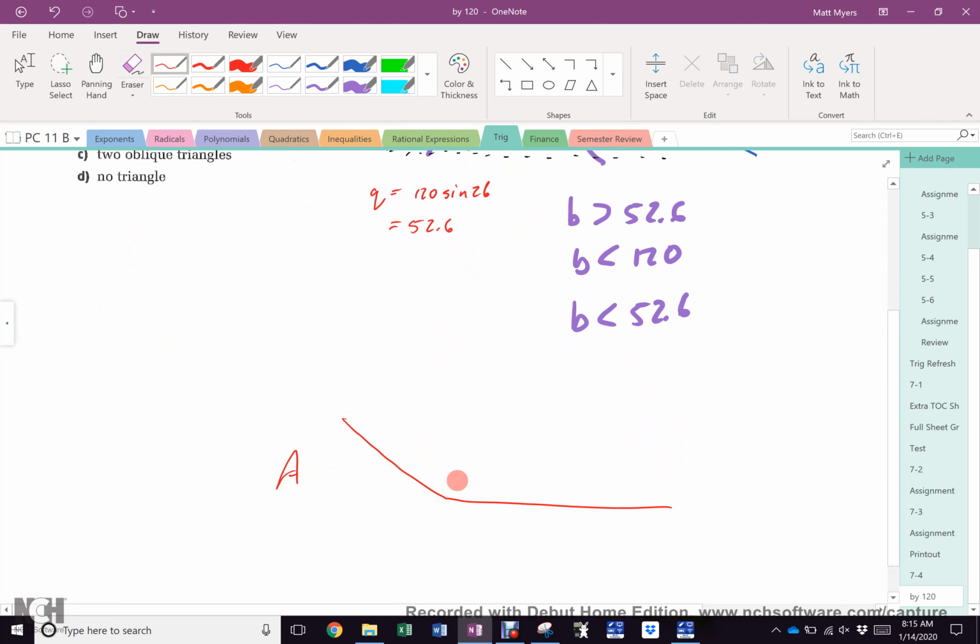Now, if I change this around and I say A is obtuse now, the opposite of 26, so let's say it's 154, and B is 120, right? A's got to be over here now, yes? So what are the options for A? It's different, right?